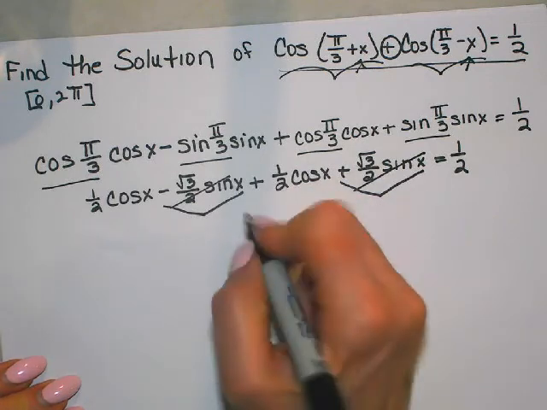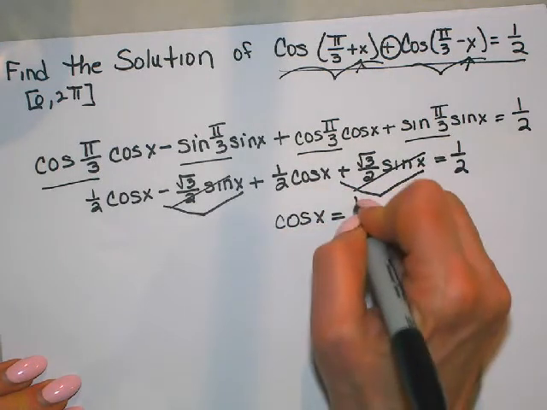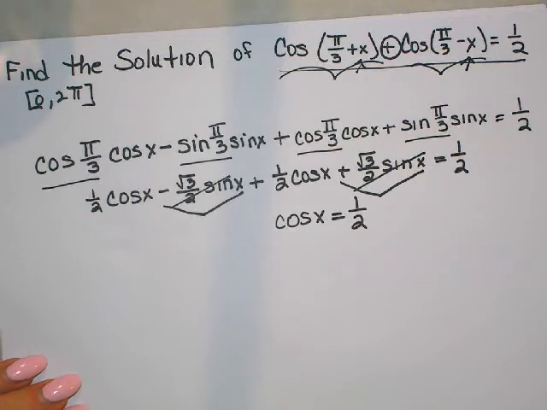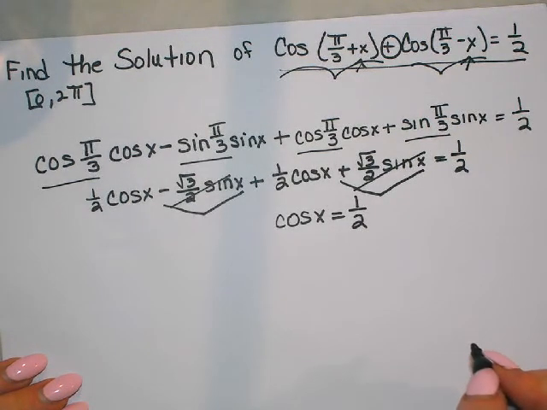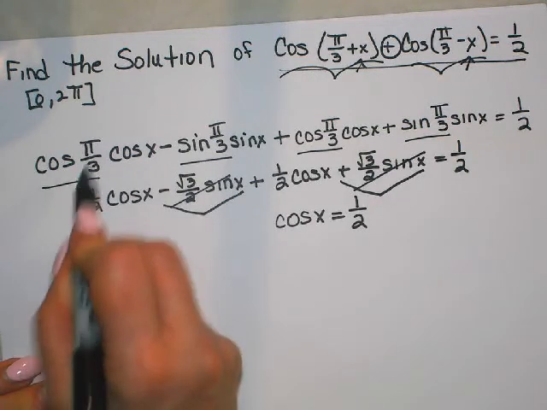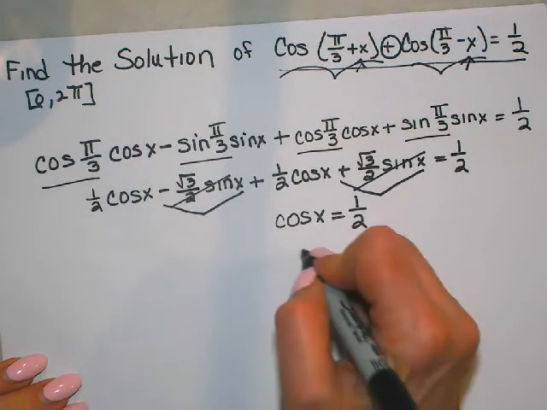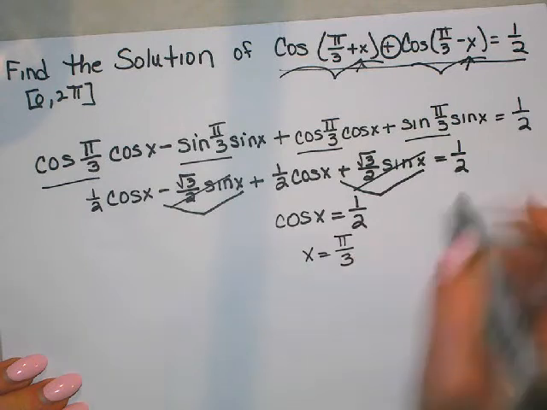Well, a half and a half gives me 1 cosine x equals 1/2. Okay, I'm solving for x. What is the angle that has a cosine of 1/2? Well, if you look, we used it in the problem. Cosine of pi over 3 is 1/2. So x is equal to pi over 3.